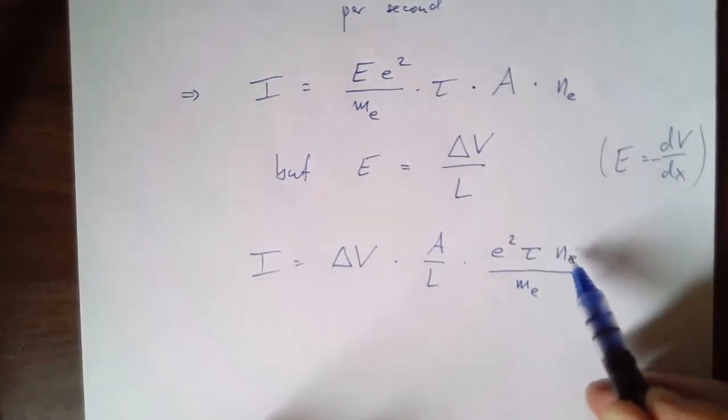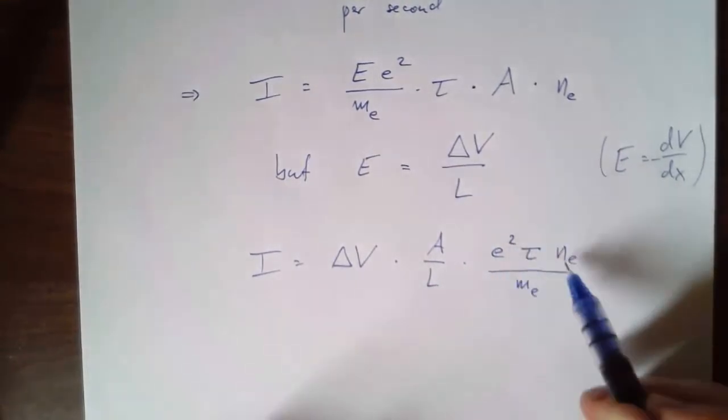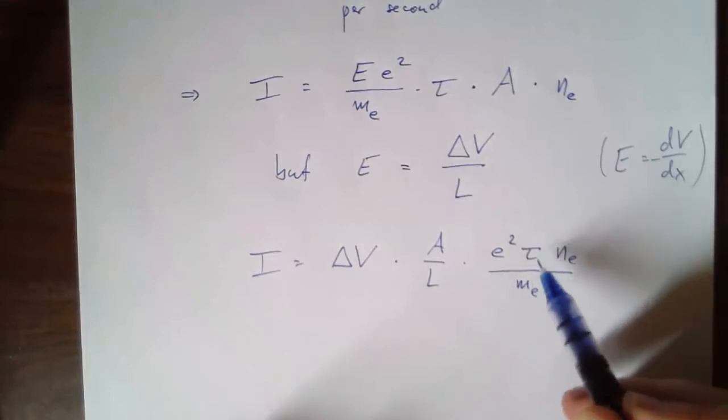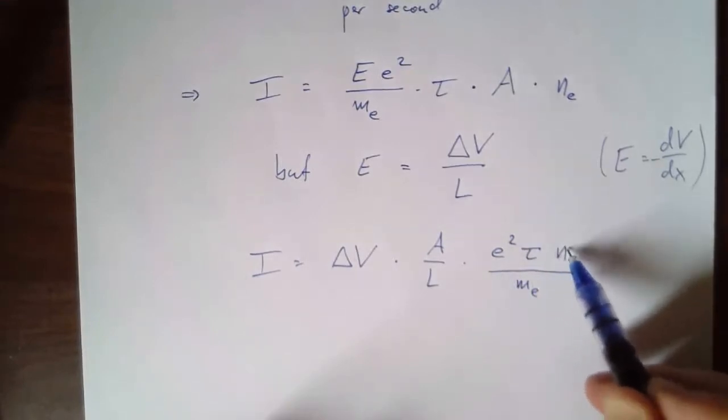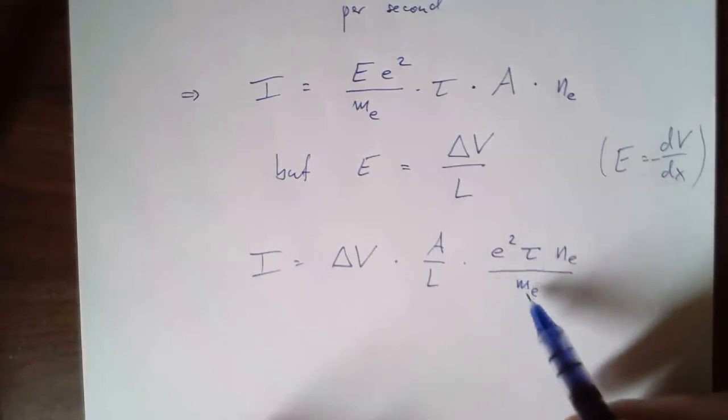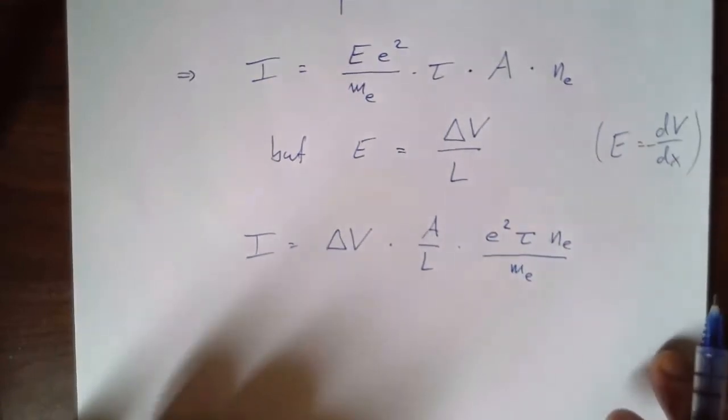So 3 of those terms, and one of them squared, have to do with electrons. Actually, these 2 more have to do with the metal, these ones are just the pure properties of the electron.